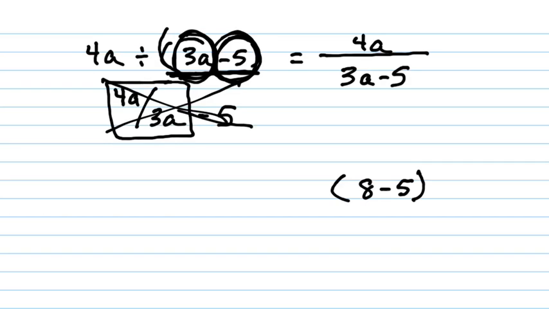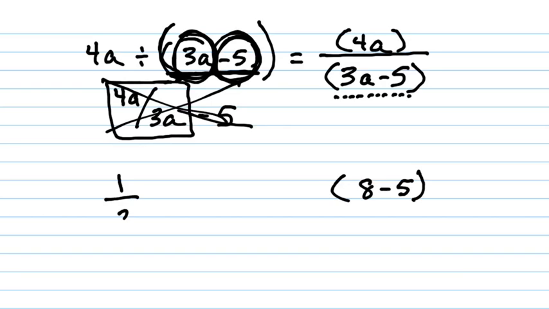Now, about brackets, though. Notice that this part was in a bracket, wasn't it? But when I wrote it over here, I didn't put the bracket around it, did I? But the bracket still exists. Every number in every fraction is always in a bracket. But since it's always there, we don't write it.